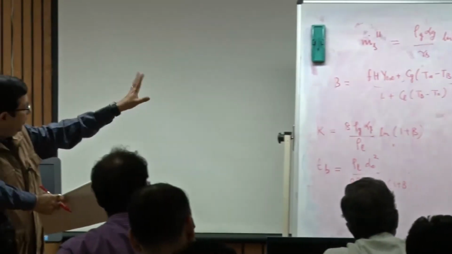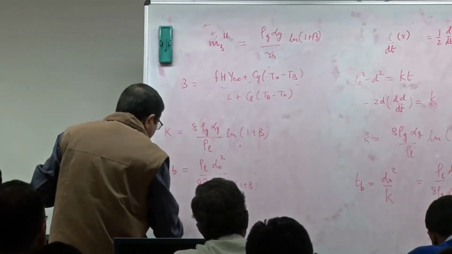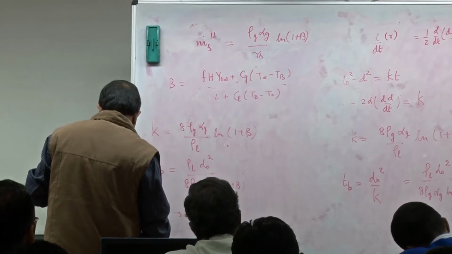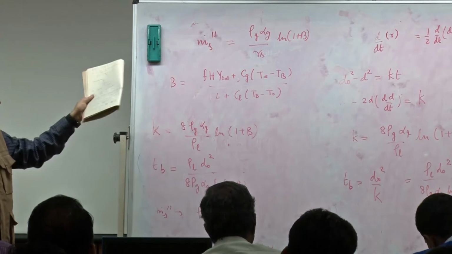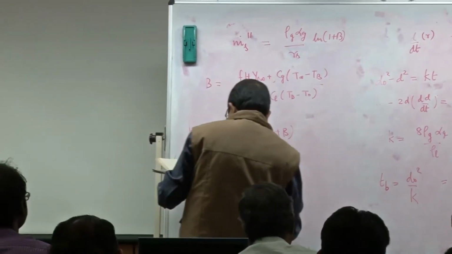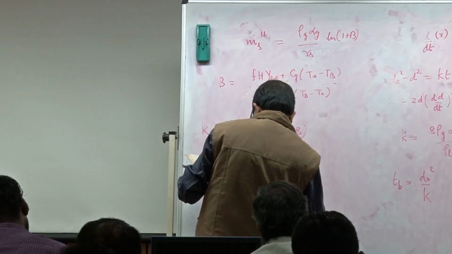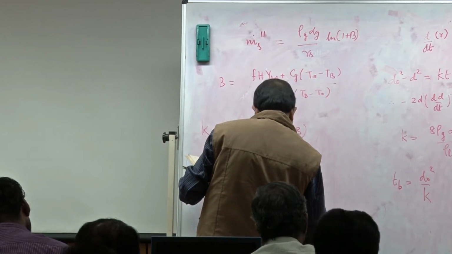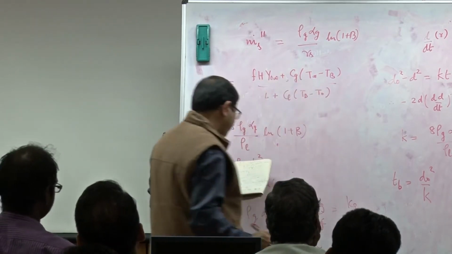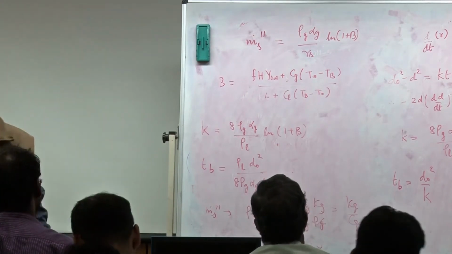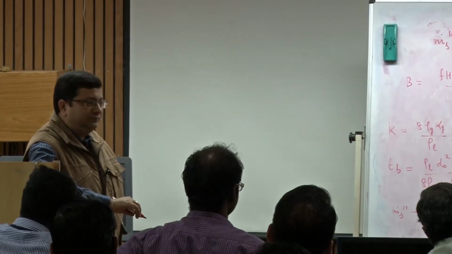Now, first let us go to this expression, the evaporation rate from the droplet. So, this evaporation rate depends on this product rho g alpha g, and rho g alpha g is equal to nothing but, so it depends on the conduction coefficient and the heat capacity of the gas.